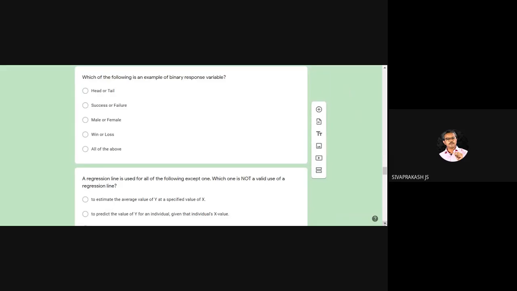Next, which of the following is an example of a binary response variable? Binary, not two, is 0 and 1; computer language is 0 1.